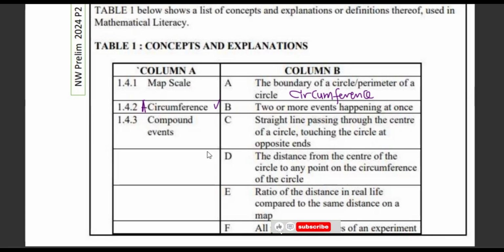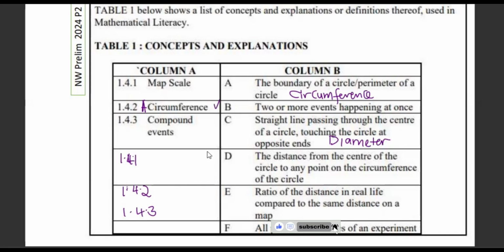Then B, remember we write down the numbers first. We have. So the straight line passing through the center of the circle, passing through. Yeah, if it passes through, then we have what we call the diameter.